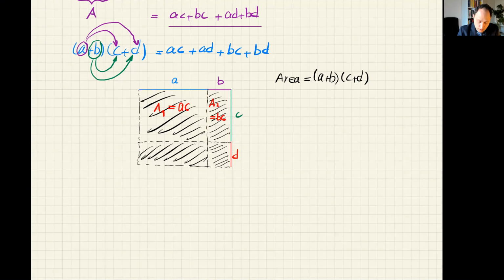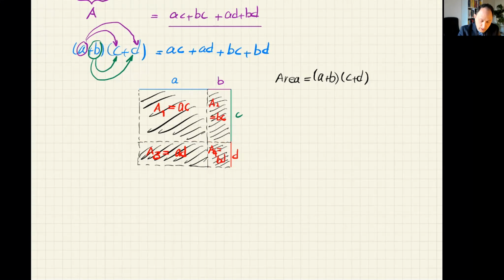Okay, if I ask you what is the area of A3 here, then I need to multiply this one, which is exactly equal to A, multiplied by this one, which is D. So this becomes AD. And finally, if I want to calculate area 4, I need to multiply this by that. This is clearly D, but this one is equal to B. So this becomes BD.